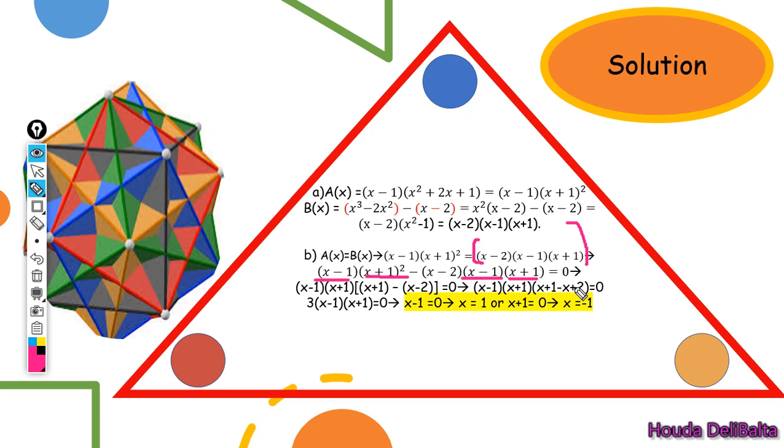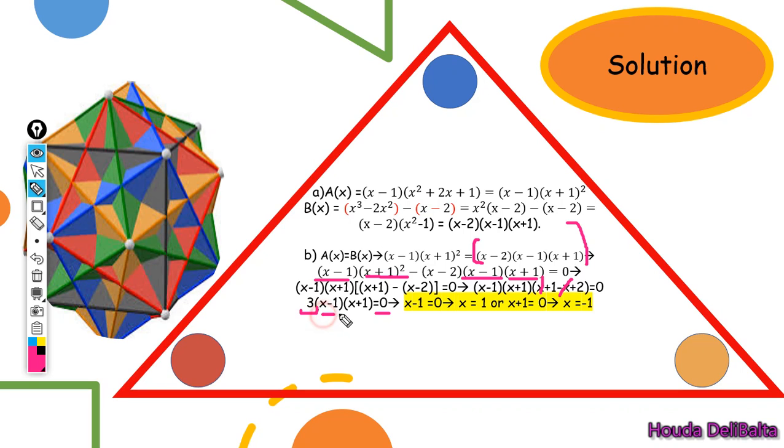minus x plus 2. Now this x will cancel this x because they are opposites. So what remains is 3. Thus, the final factorized form is 3 into x minus 1 into x plus 1, and then don't forget equals to 0. Now we don't consider 3 because it doesn't have a variable with it.